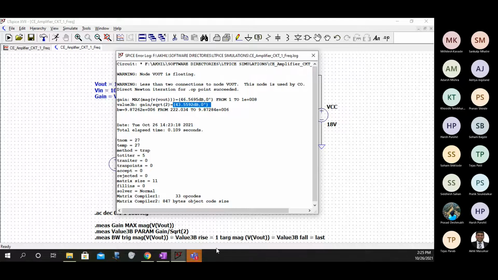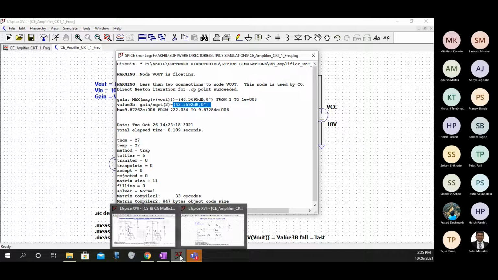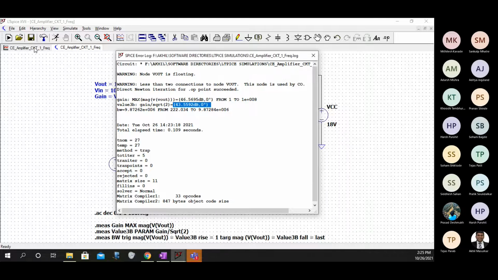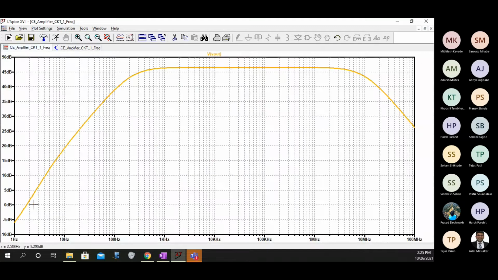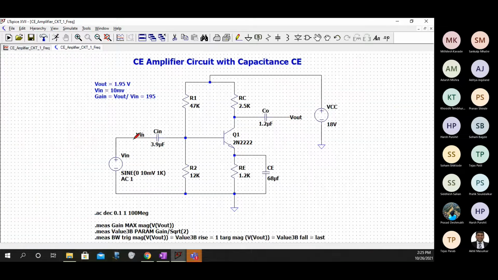So when you reach the 3 dB value during a rise, so when you are rising the 3 dB, tell me that 3 dB value when you are rising. So that is the command here, that is trigger magnitude measurement, value 3 dB rise equal to 1.